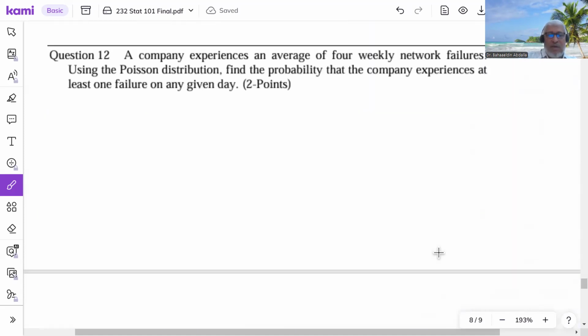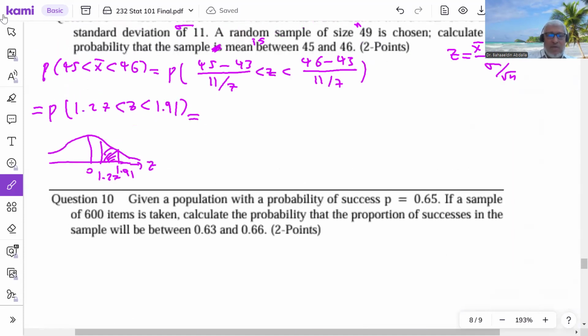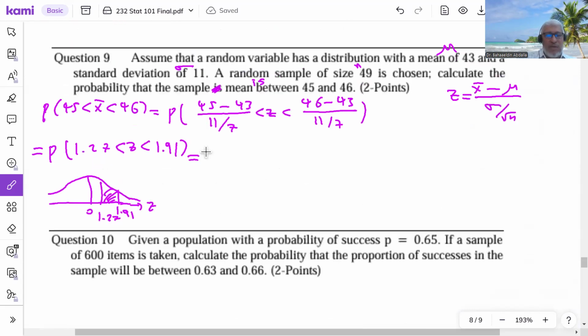So here the answer is 0.4719 minus 0.3980, and using the calculator, the answer is 0.0739. I told you in previous videos how to find this using the calculator, so you can also do that using the calculator.